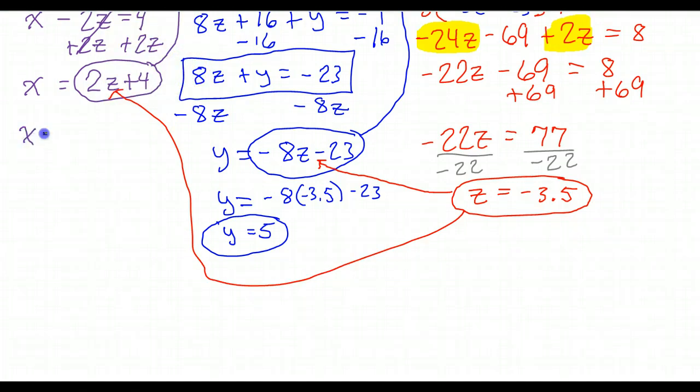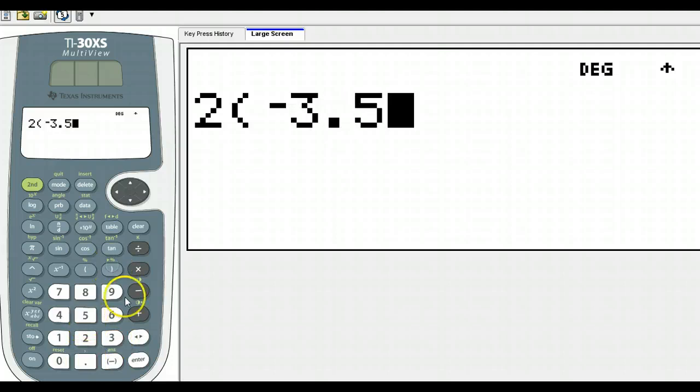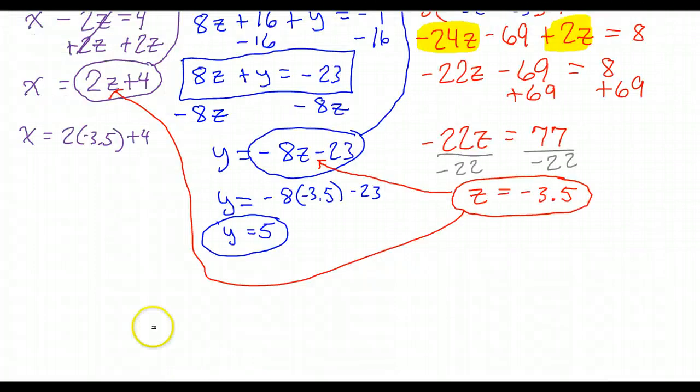So that gives us x equals 2 times negative 3.5 plus 4. So that is negative 3. So x equals negative 3.